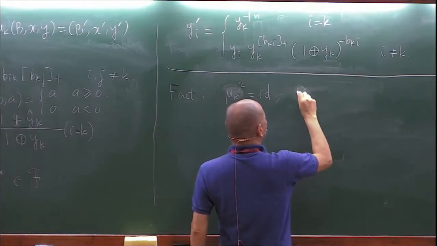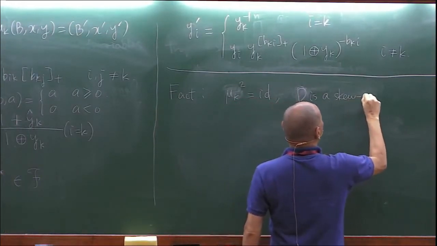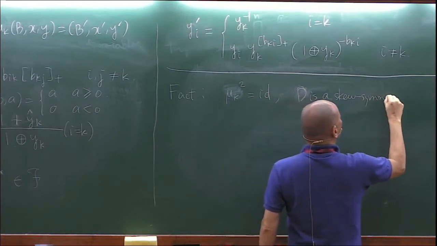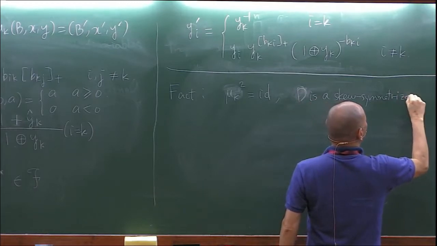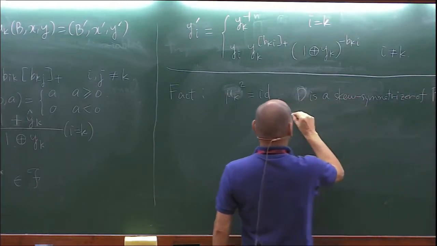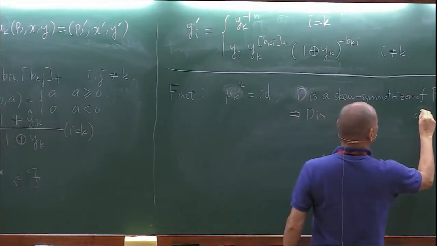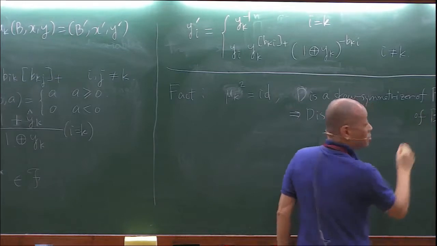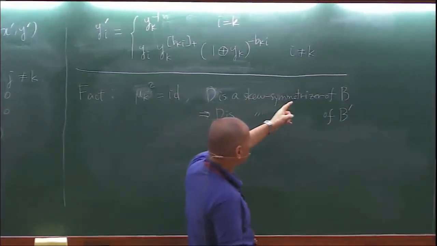If D is a skew-symmetrizer of B, then D is also a skew-symmetrizer of B prime. So by the same skew-symmetrizer, they become skew-symmetric.